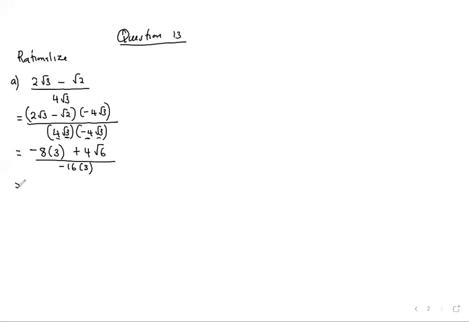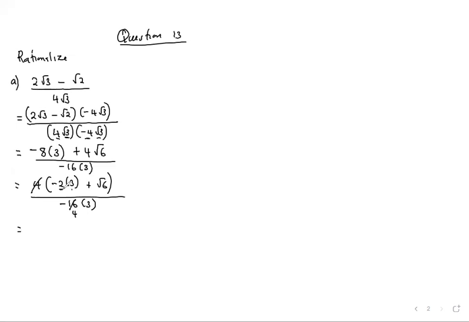If we factor out 4 from the top, we'll remain with negative 2 times 3 plus root 6, over negative 4 here. I'm just dividing by 4. So 4 into 8, we get negative 2. The 3 will remain there. 4 into 4, we get 1. So we have root 6. And then we keep negative 16 over 3.